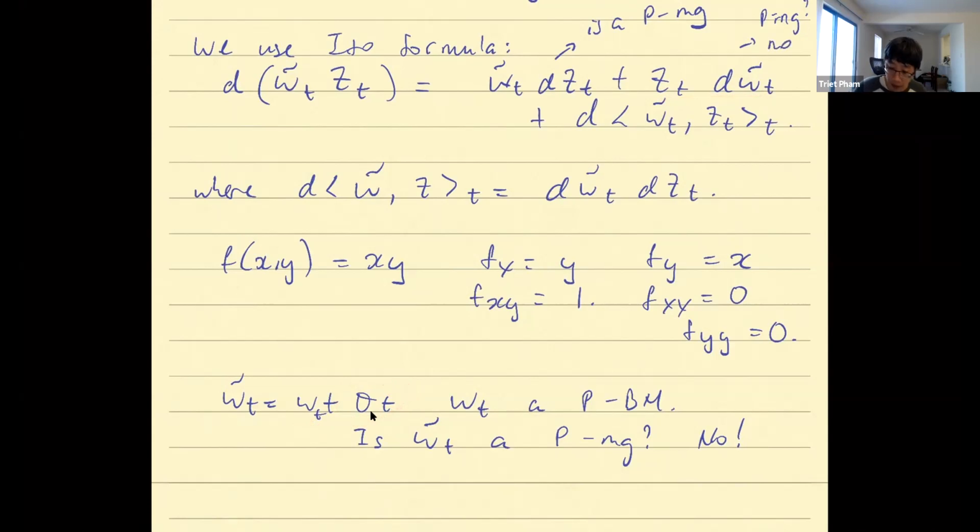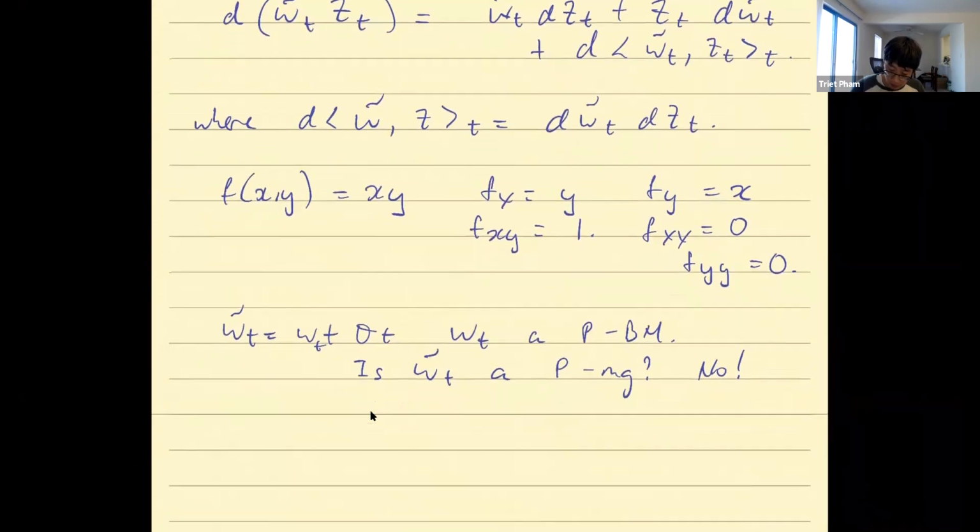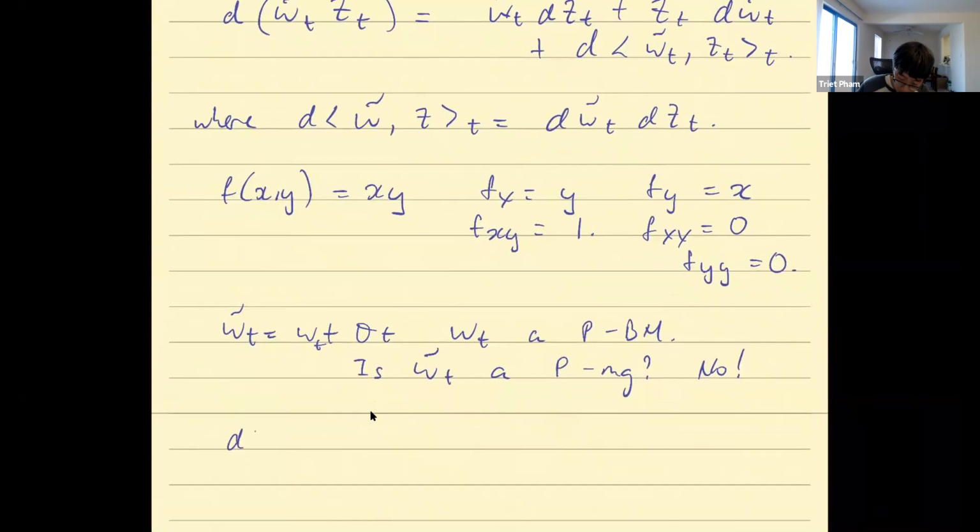But never mind that. You know why? Because exactly right here is what corrects for that drift. Okay, let's see. How do we calculate this? What's dW tilde T? dW tilde T is theta dt plus dW T. What about dZ T?